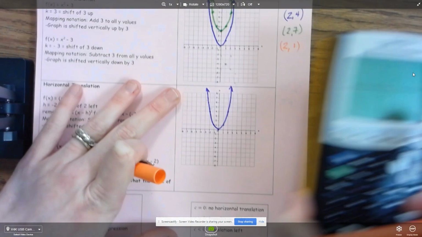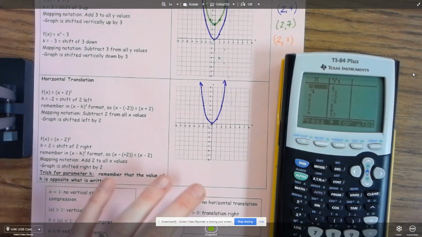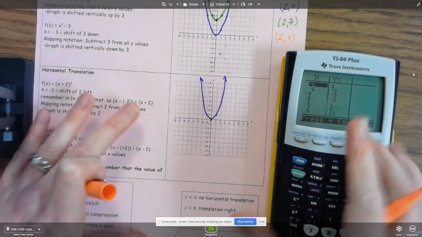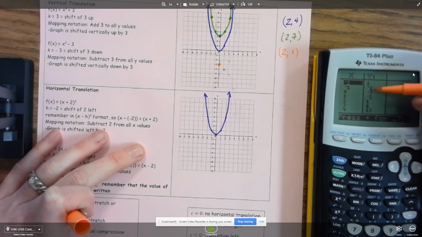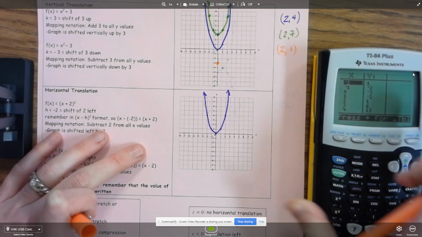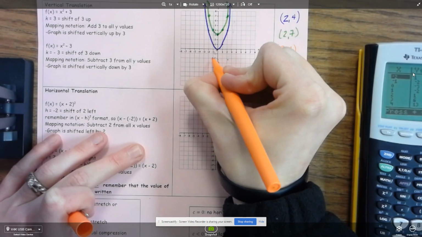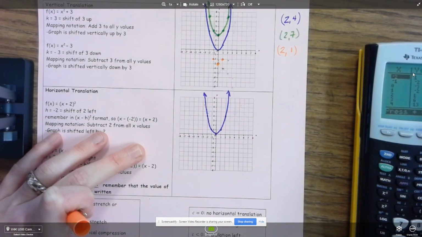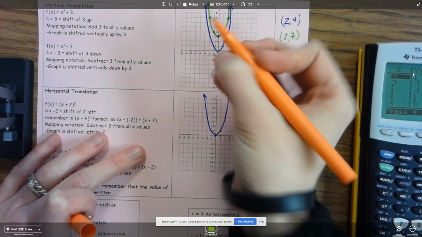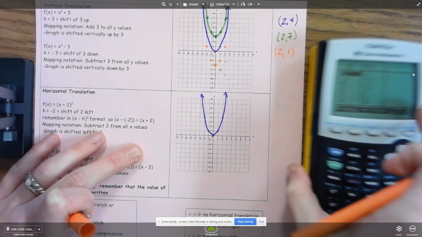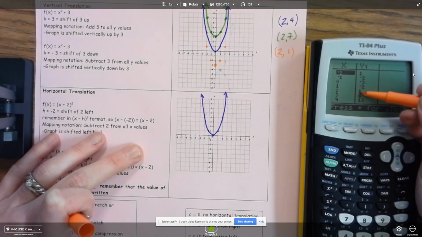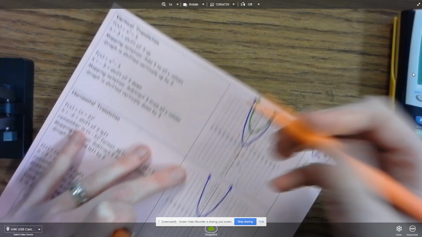You'll see that when we look at the points here. I'm at 0, negative 3 now. Then I'm at negative 1, negative 2, and positive 1, negative 2. And then I'm at negative 2, positive 1, and 2, positive 1. You can see that point right here on my graph.